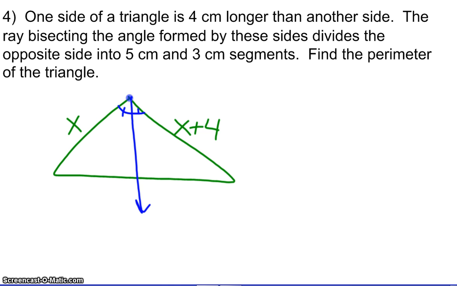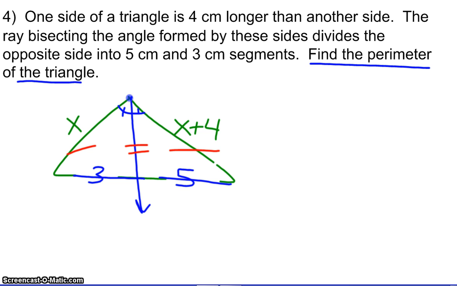Does the 3 go here, or the 5 go here? We need to put 3 and 5 in the appropriate spots. If you are unsure, solve it both ways and find out which one works, and finish finding the perimeter of the triangle for tomorrow. If you are unsure which one it would go to, put 3 and 5 here and solve the ratio, equal proportion.